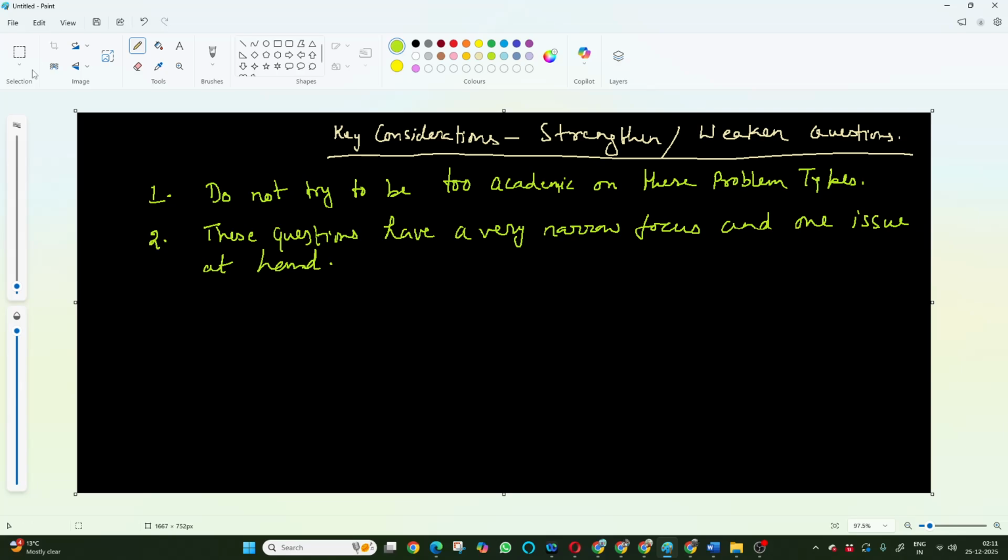Any option that does not address this issue at hand is going to be incorrect. So you need to calmly identify the issue at hand before moving to the answer choices.